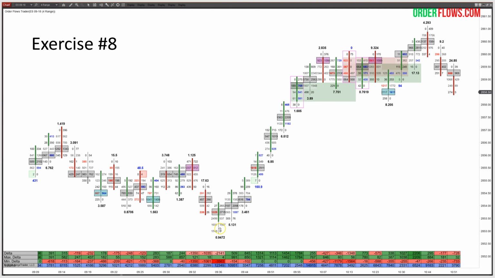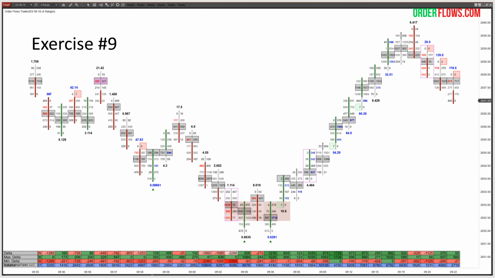And then right on this low, strong negative delta, and then it starts turning positive, 509, 845, 1314, right in here. So we're making a shift from the supply-driven market as the market's going down to a demand-driven market. You even have a delta surge going on in here as well.